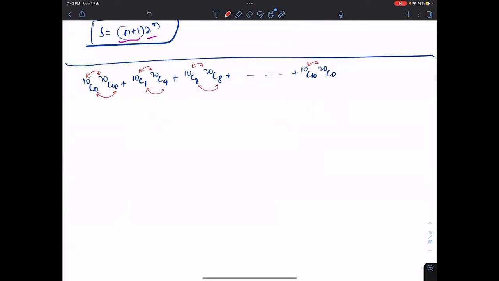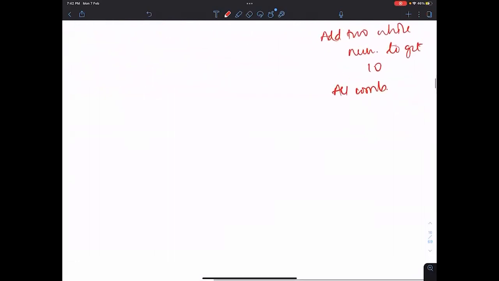If I ask you to add two whole numbers to get 10, what are all the combinations? They are 0 plus 10, 1 plus 9, 2 plus 8, like that, till 10 plus 0.